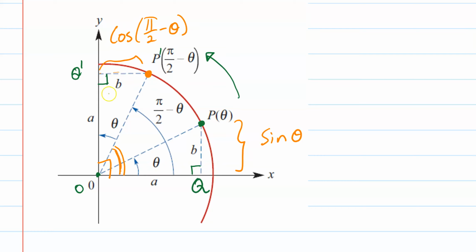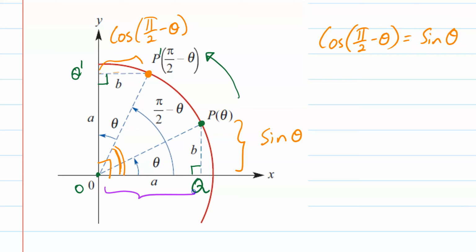Using the congruency of the two triangles, that length is exactly the same as that height. Therefore, cos pi on 2 minus theta has to be exactly the same as sine theta. We can use this later to solve problems.